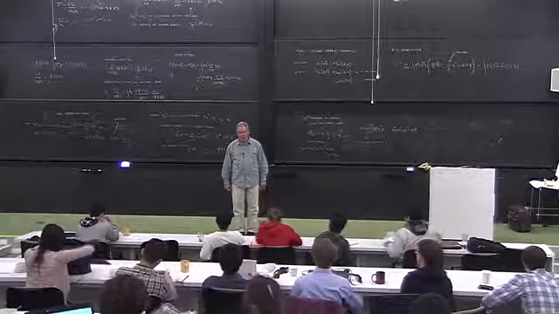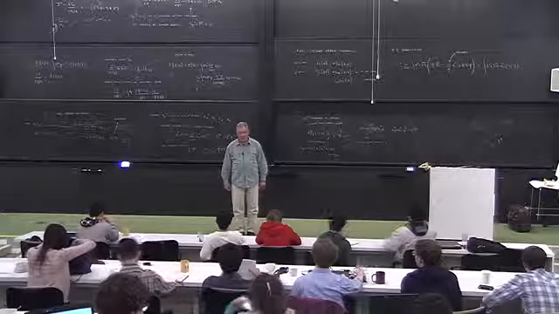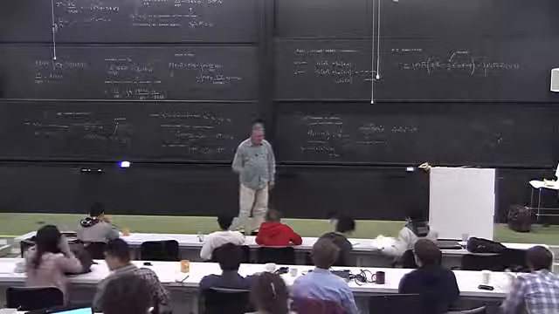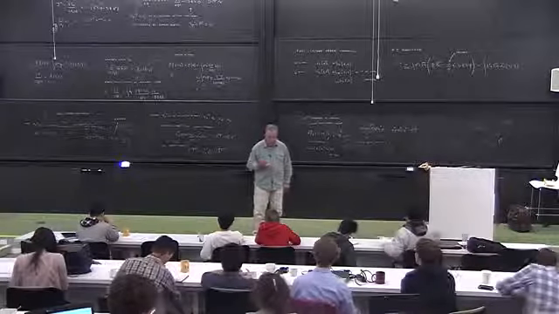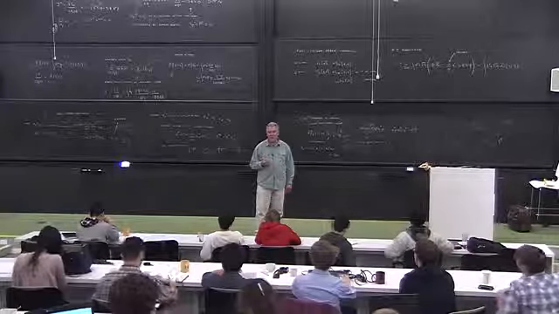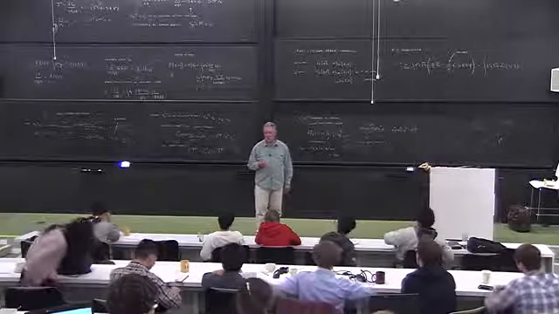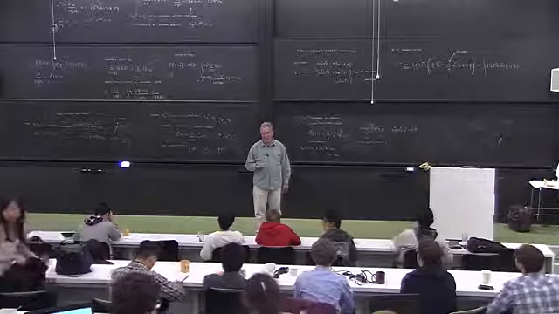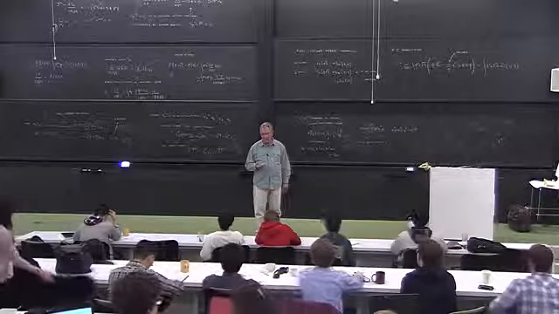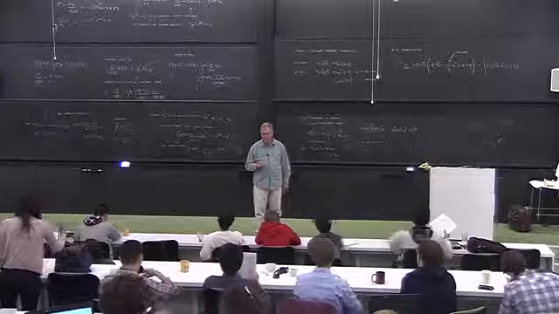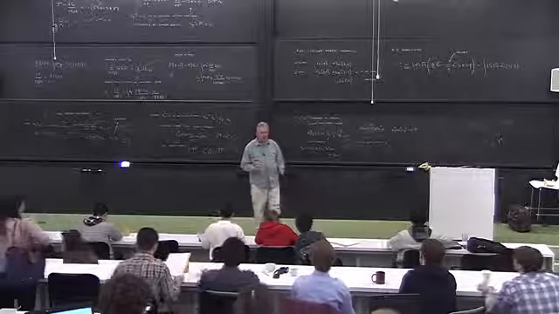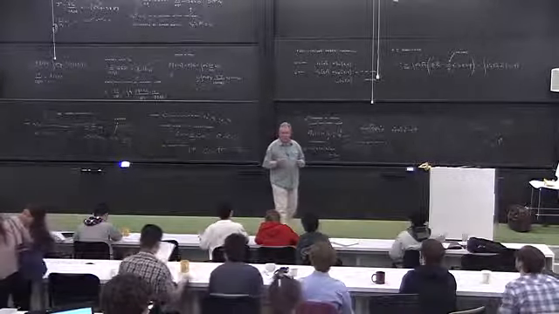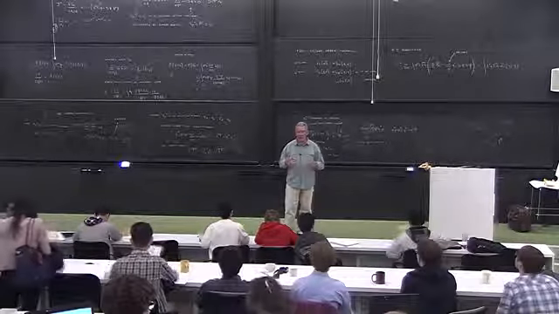There are ways of describing point particles with spin. You can augment the geodesic equation with some spin terms, but that's not really the way we describe fermions. We describe fermions by the Dirac equation. So when I say we're going to talk about fermions, I mean we're going to talk about the Dirac equation in curved space-time.